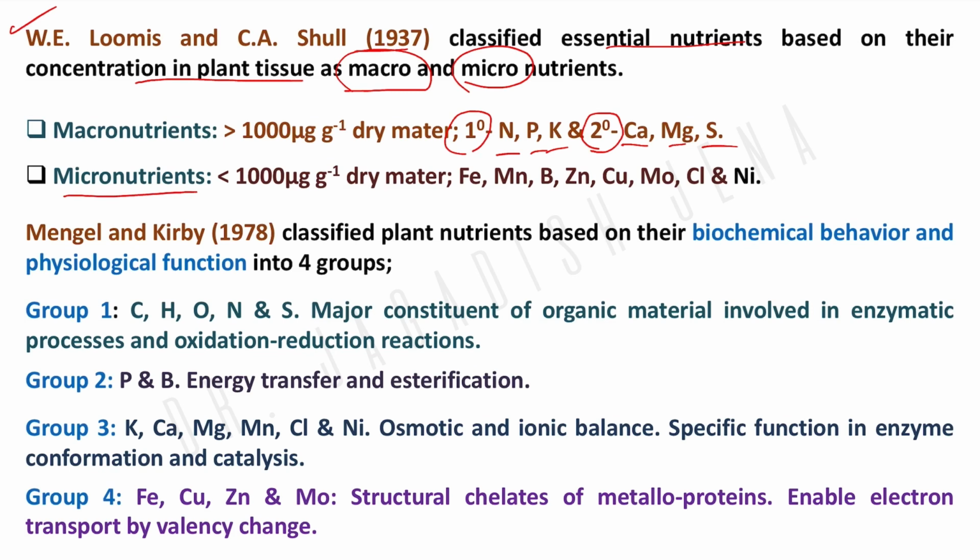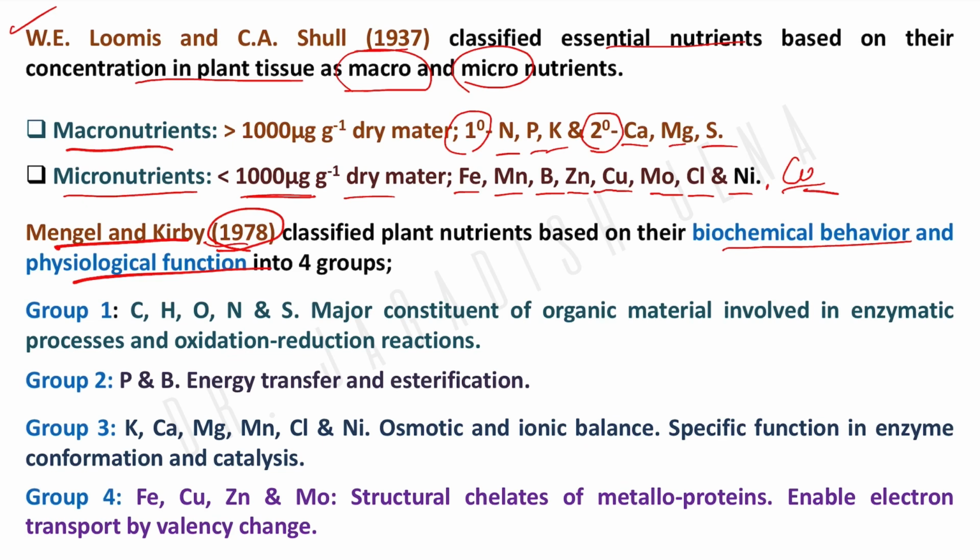And then micronutrient, if the concentration in plant system or requirement in plant system is less than 1000 ppm in the dry matter, then that is called micronutrient, like iron, manganese, boron, zinc, copper, molybdenum, chlorine, nickel and cobalt.